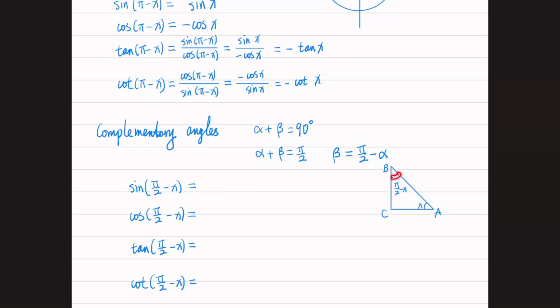Oh, that's like AC over AB, right? AC over AB for that triangle. Now we check x. AC over AB is sine x or cosine x? Oh wait, yeah, it's cosine. Okay, now you see it's cosine. I thought you were still referring to the other one.